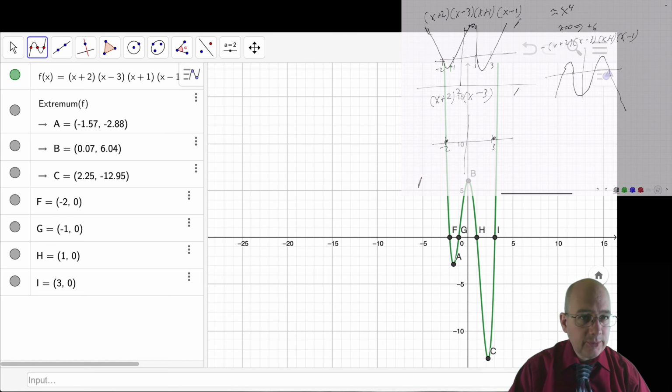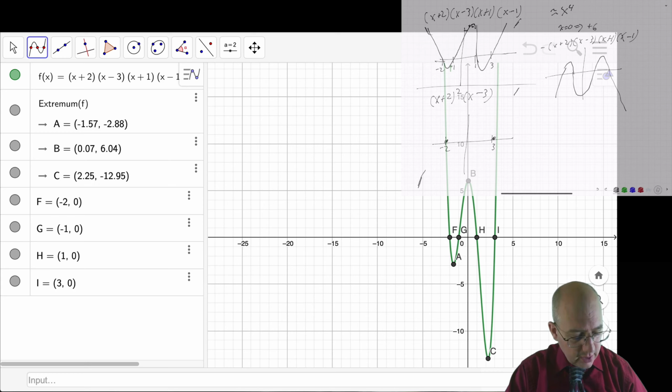Well, x plus 2 squared means it doesn't change sign because it's squared. This is always a positive thing. So basically what happens is that it looks like it's a quadratic here at this 0. So then it comes back down and voila. This thing will be like minus 12 or something.